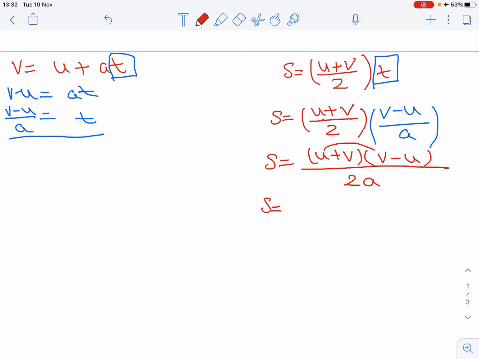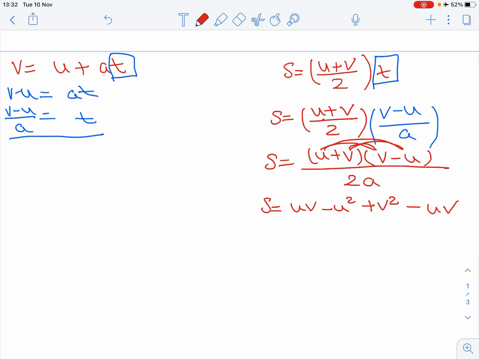So u times v becomes uv, u times minus u becomes minus u squared, v times v is v squared, v times minus u becomes minus vu, and minus uv.